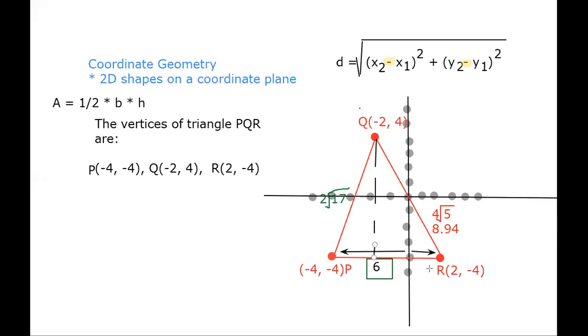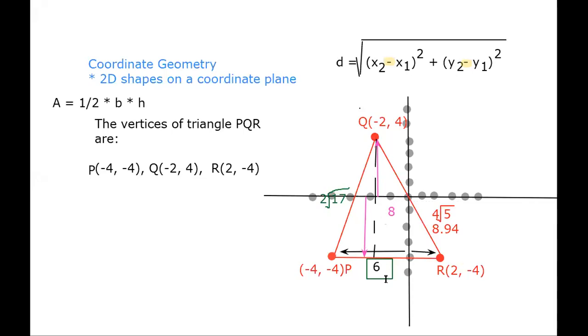Well, we know that the top is 4 above. This should be easy to figure out because it's 4 above the very top one, and the bottom one is 4 below. That's a total of 8. So the height of this triangle is 8.